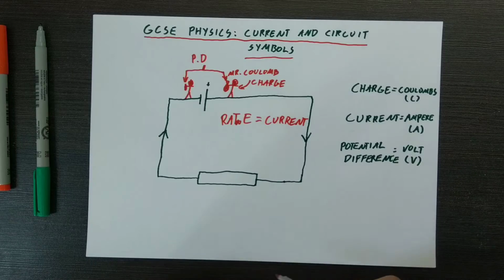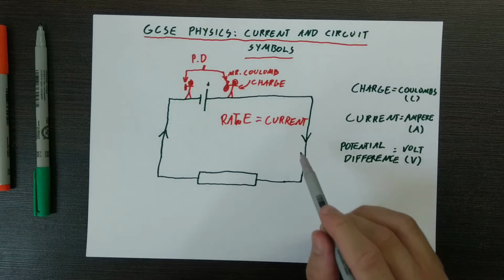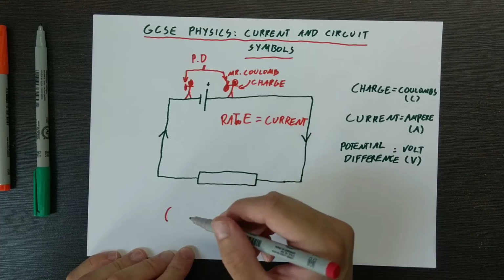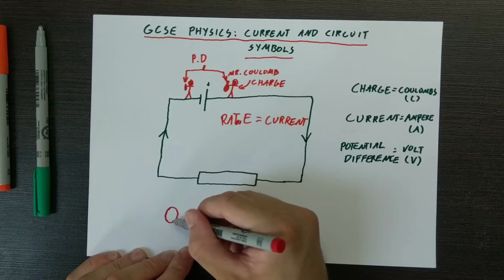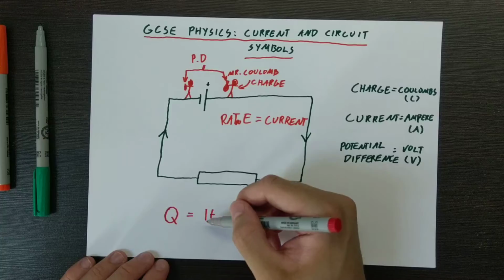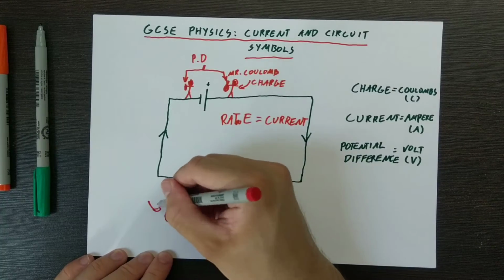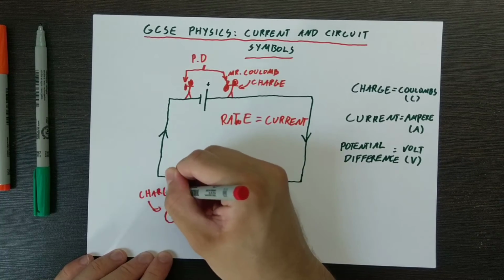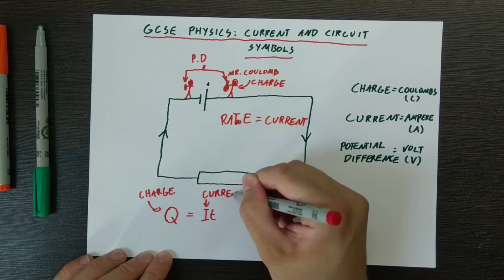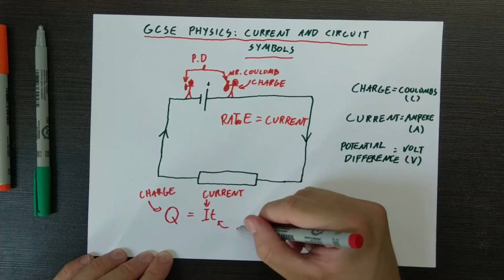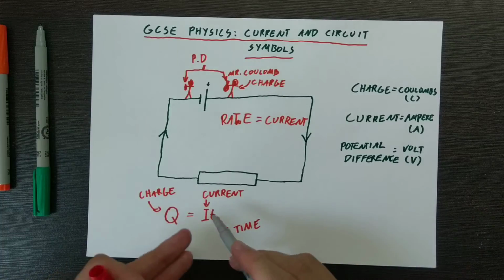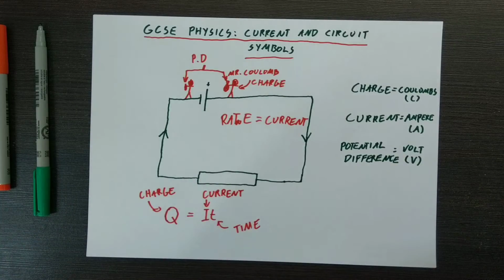Now, like I said, current is the rate of the flow of charge. Now, therefore, charge can be expressed like this: Q equals I T. So this is charge, this is current, and this is time throughout which the current was released.